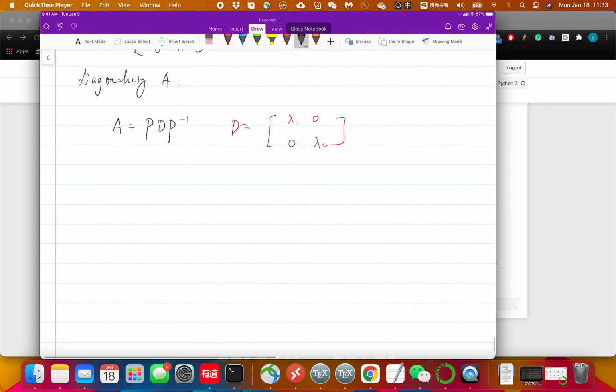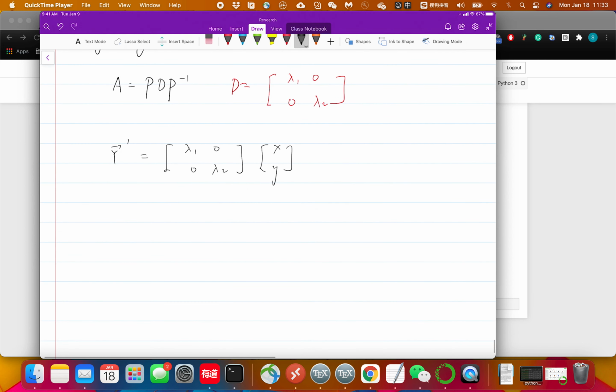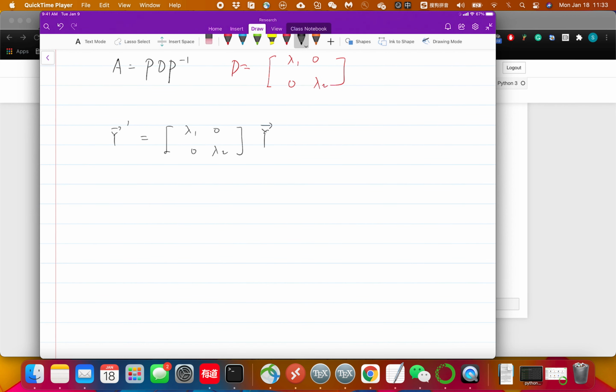Do you know how to solve this? If you have something like y prime equals this diagonal matrix times y, that's the best case, right? It's the decoupled case, completely decoupled. You have x prime equals lambda 1 x, y prime equals lambda 2 y.